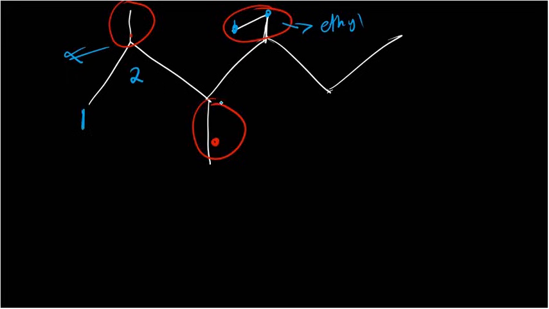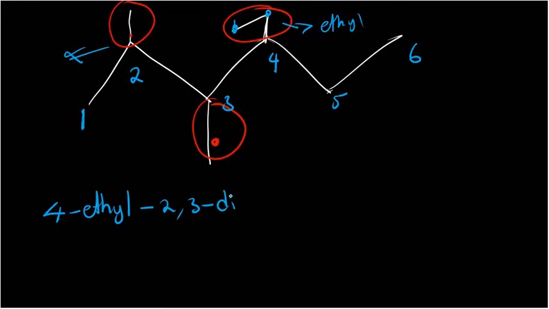This is 1, 2, 3, 4, 5, and 6. We're having about 6 of them, right? So the way we start here, we follow the alphabet. It will be 4 ethyl, then 2, 3 dimethyl, then hexane.